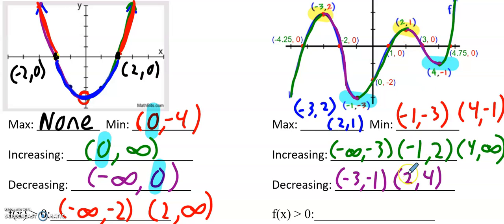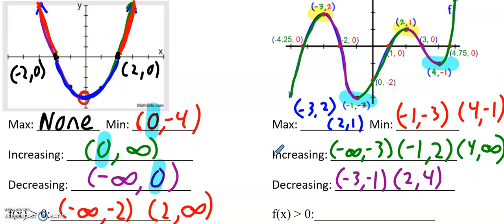From +2 until +4, I was decreasing. And then from there until infinity, I was increasing again. So that's where those are coming from. These are all x values. They all connect, because where I change from increasing to decreasing, then decreasing to increasing, increasing to decreasing, and decreasing back to increasing, those all relate to the x coordinates of the minimums and maximums.